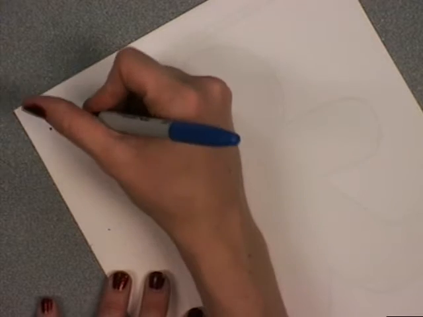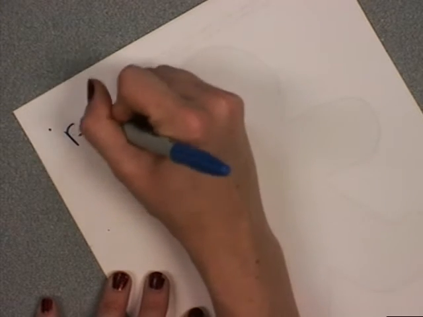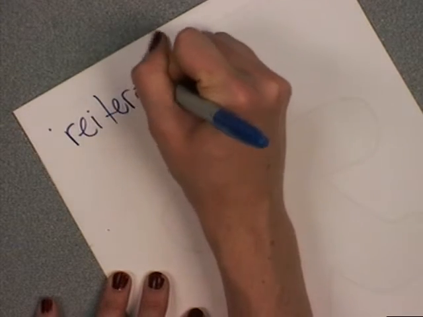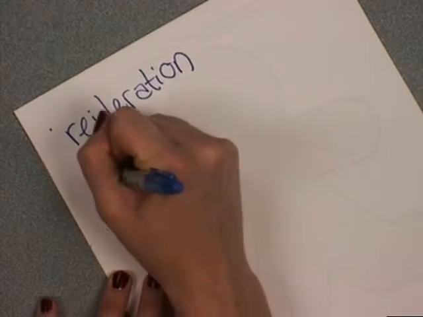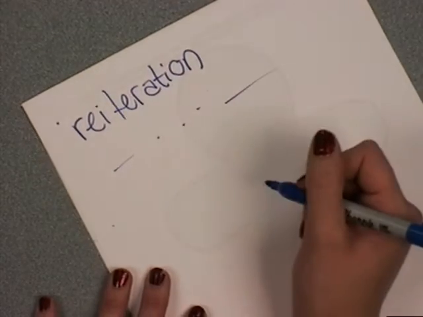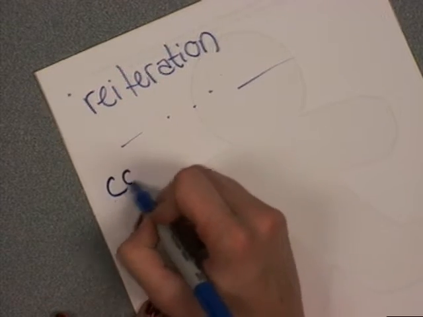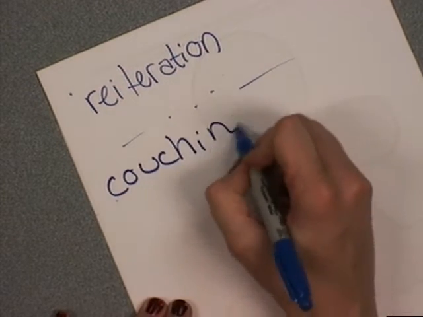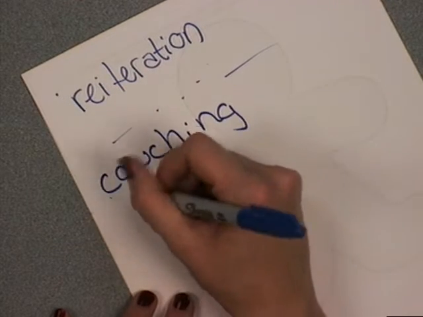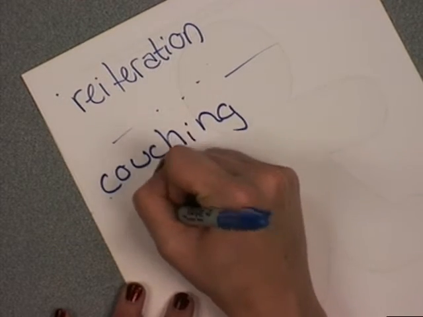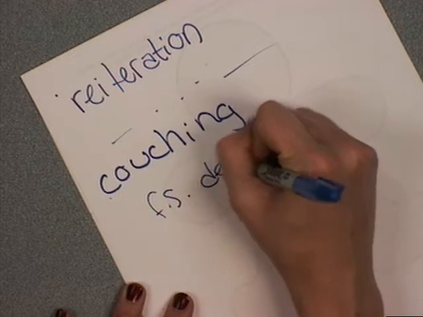All right, let's talk about our expansions. What do we have? Reiteration, something at the beginning, and the same thing at the end. What else? Couching, which is finger spell, describe.